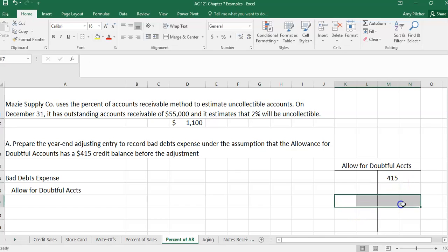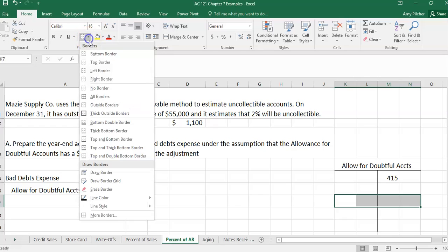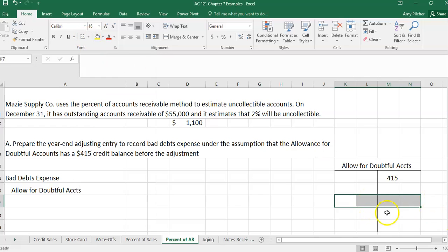When we make this adjusting entry, we want our ending balance to be $1,100. So we need to record a credit to allowance for doubtful accounts and bad debt expense that makes this amount $1,100, the final balance.